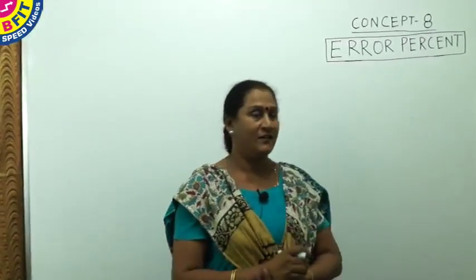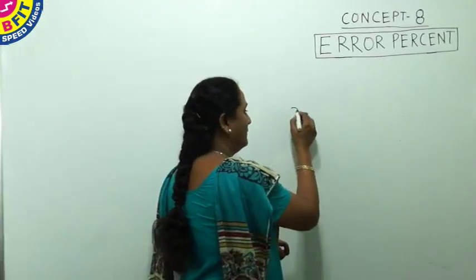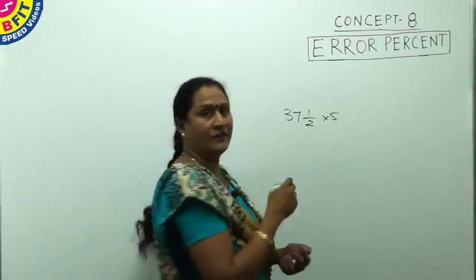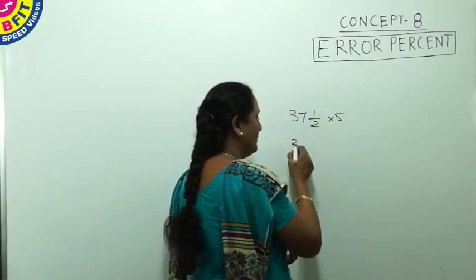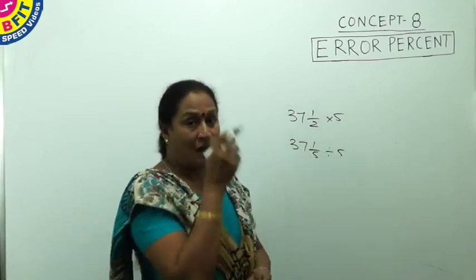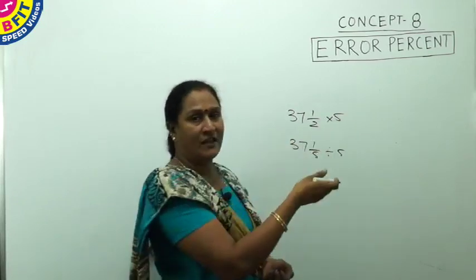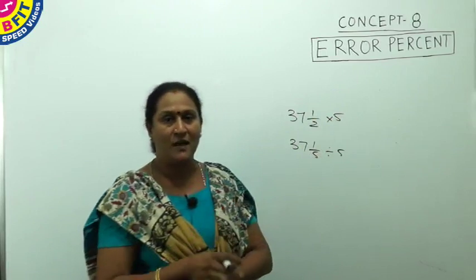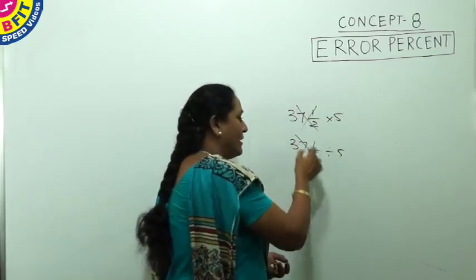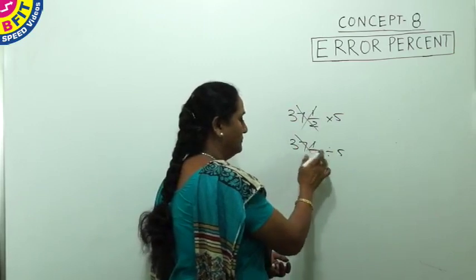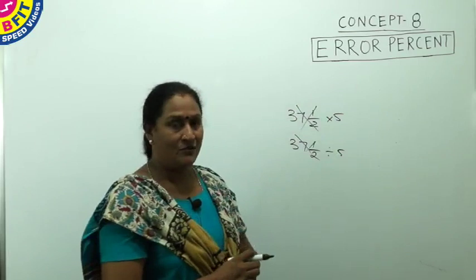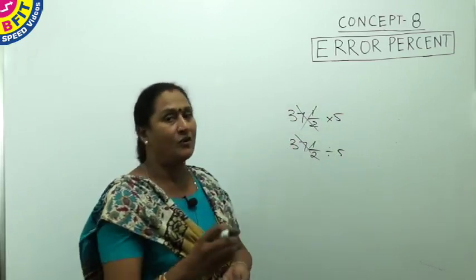So the number given is 37.5. Instead of multiplying this with 5, the boy has divided it with 5. Now, instead of multiplying this with 5 and dividing this with 5, getting two answers and finding the error percentage, there is no need to have this value 37.5 at all. It is irrelevant to our working.